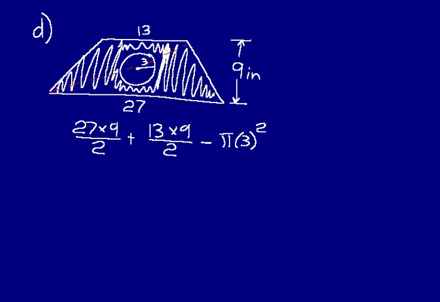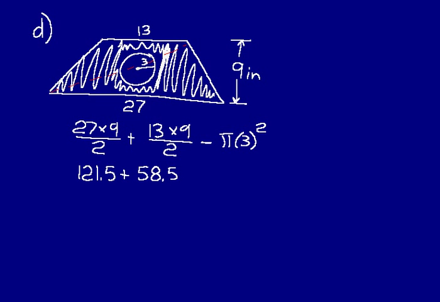So we can't simplify those fractions without getting a decimal number, so let's just go ahead and do the multiplication there. On the first triangle, 27 times 9 divided by 2, that equals 121.5. Add to that 13 times 9 divided by 2, and that would equal 58.5. We won't worry about writing our units right now.